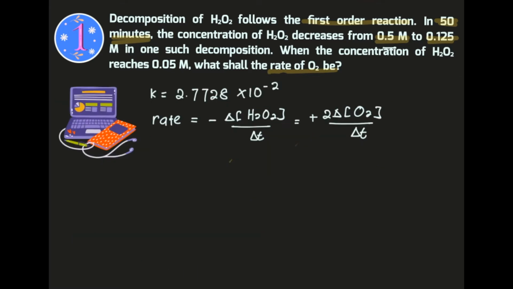Now we are going to change from the rate expression to the rate law, so we can look into only the reactant instead of the product. Although we are looking into the reactant, it will reflect back what the rate of oxygen is going to be.